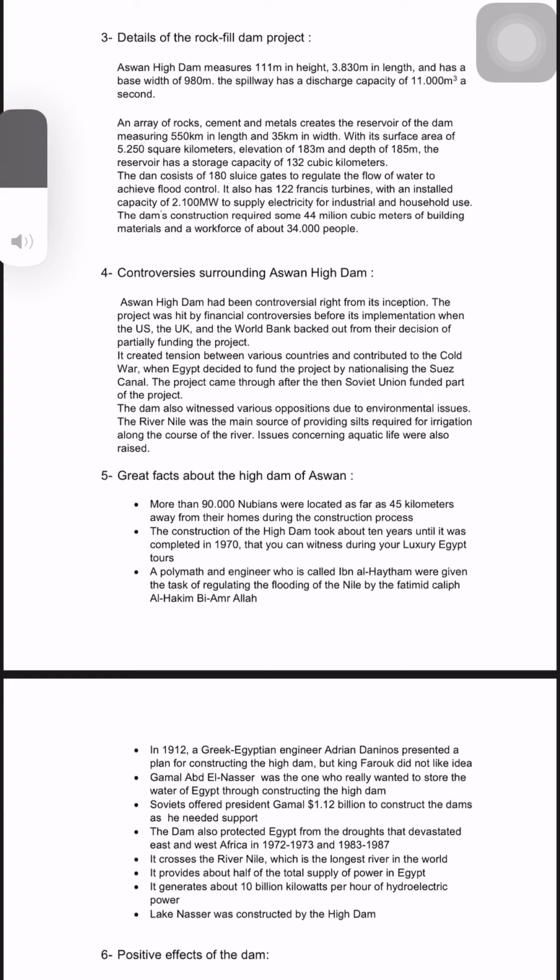It created tension between various countries and contributed to the Cold War, when Egypt decided to fund the project by nationalizing the Suez Canal. The project came soon after the then Soviet Union funded part of the project.